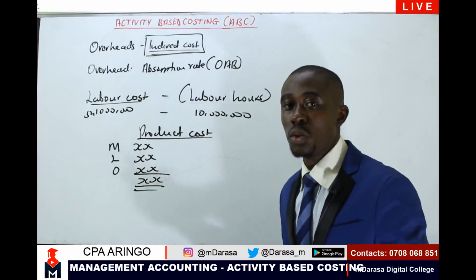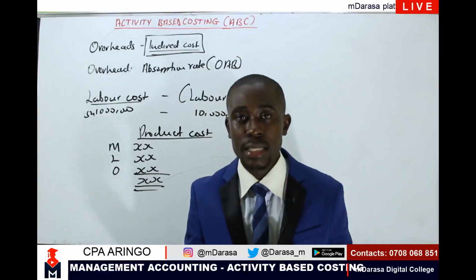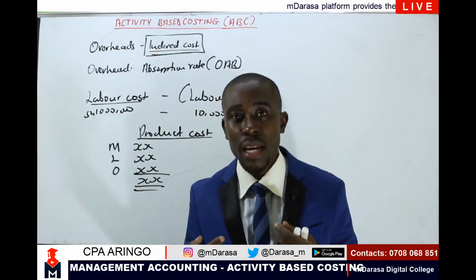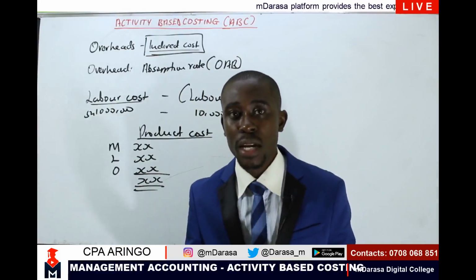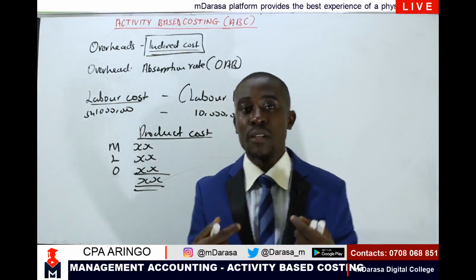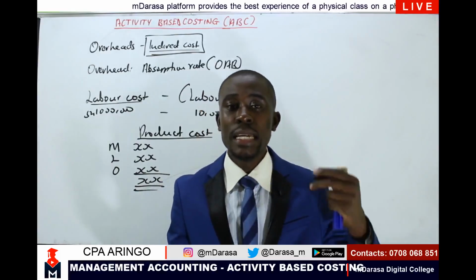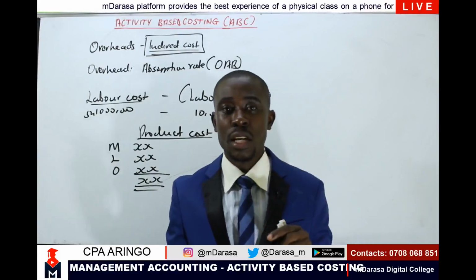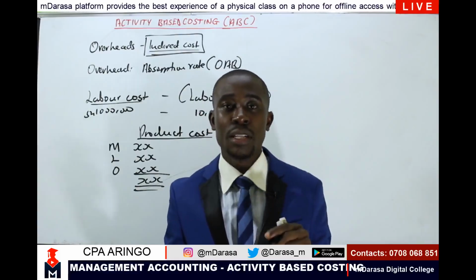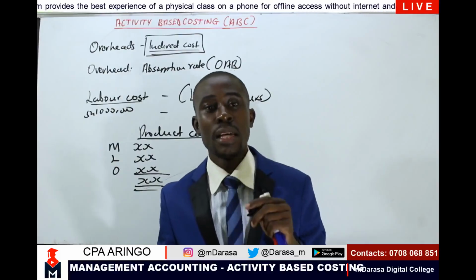But whenever we talk of activity-based costing, it will always be upon us as management accountants to identify the major activities within the organization. After we've identified the major activities, it is the same activities that we are going to use to allocate these overheads and determine the overheads.